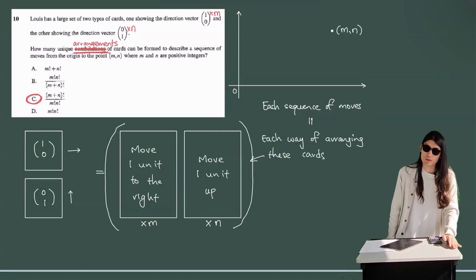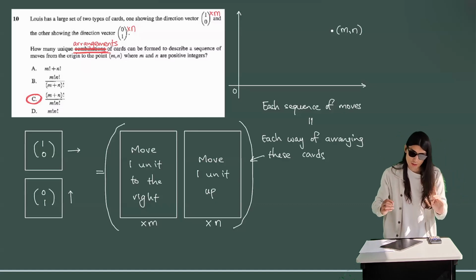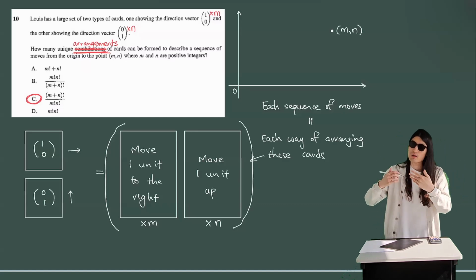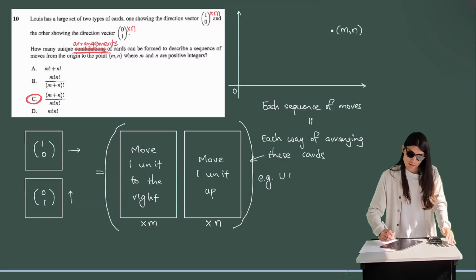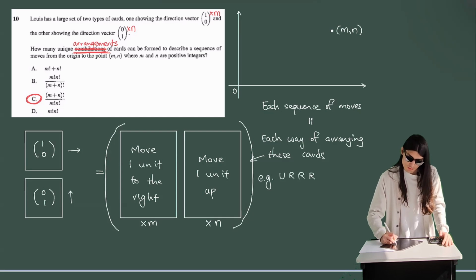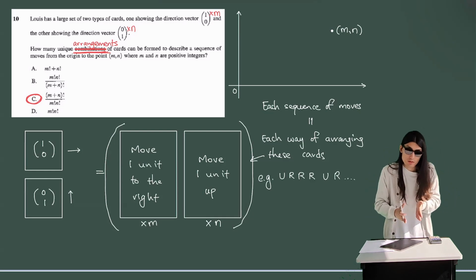Now, what happens when you arrange them? A possible arrangement that you could get is, for example, up first, followed by right, and then up, and then right again, and so on. That is one example of an arrangement of these cards.